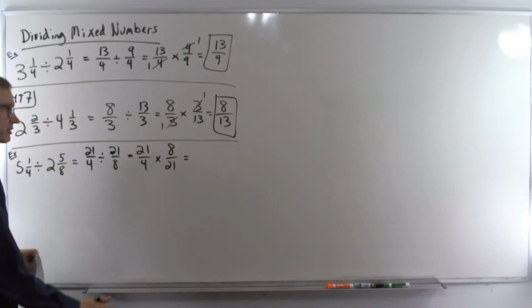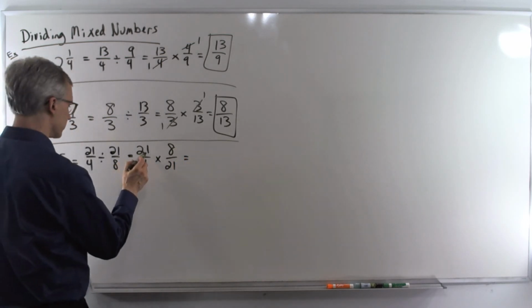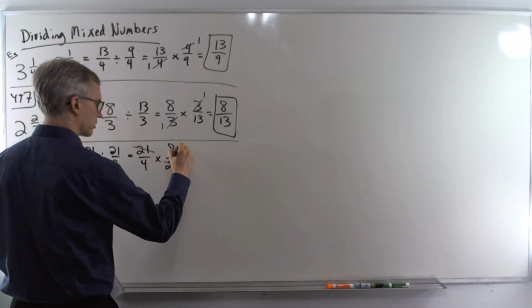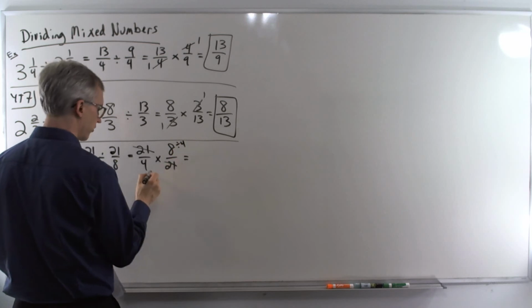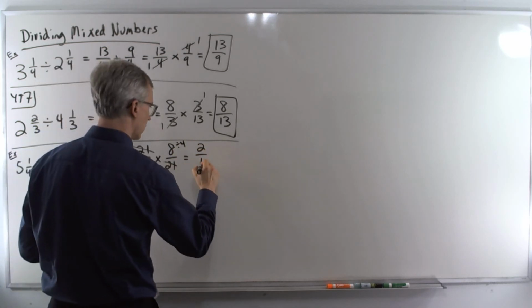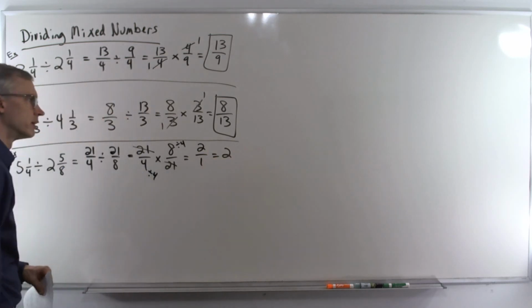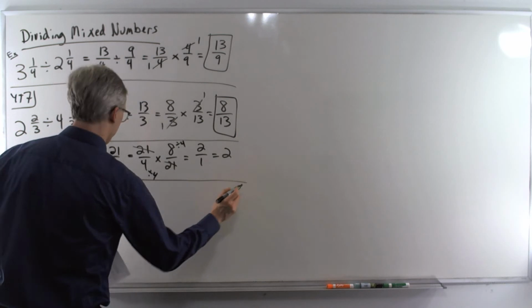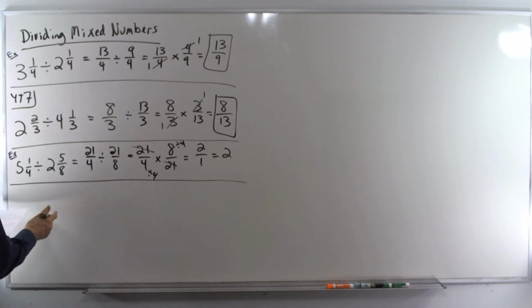Alright, flip that second fraction over. Now the 21s are going to cancel. And we'll divide 8 by 4 and 4 by 4. Do you get 2 over 1 or 2? Your turn, number 8.